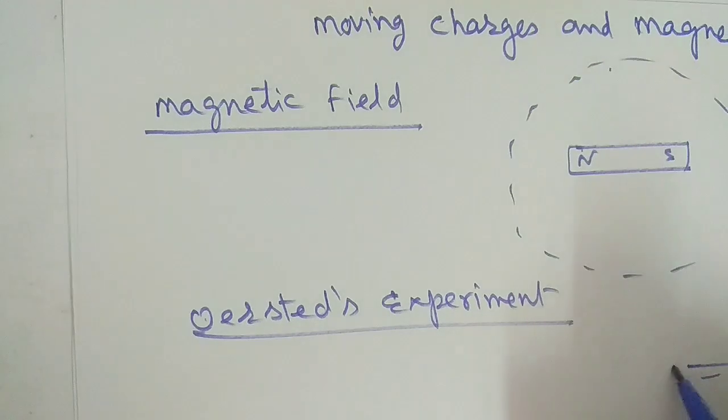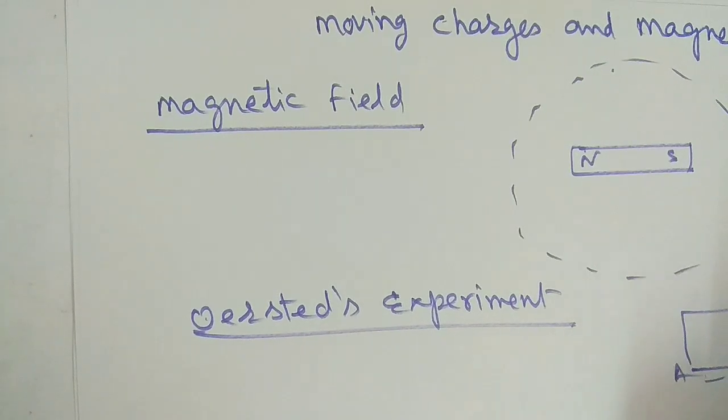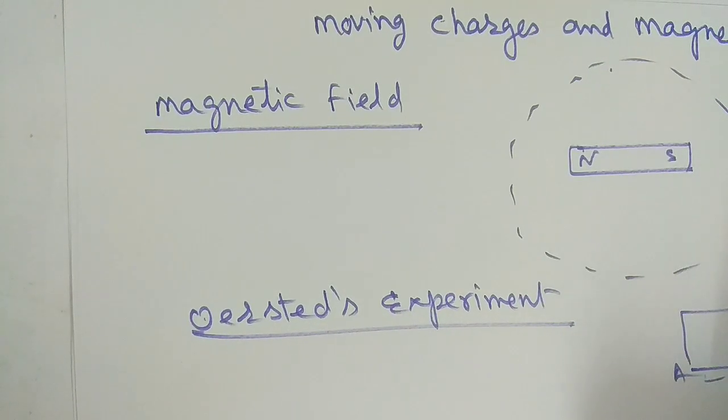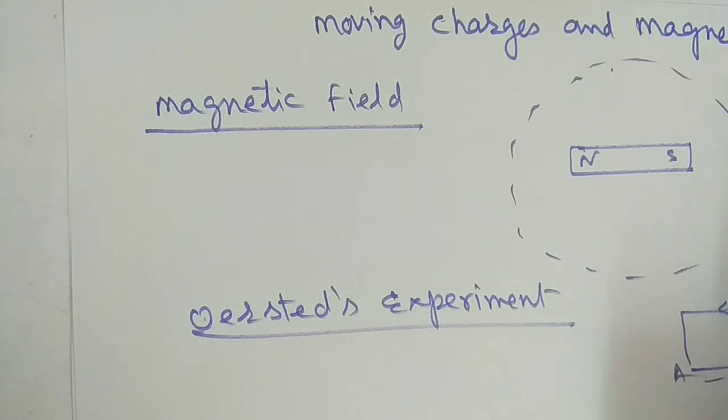Suppose this is a wire AB connected to a cell, battery, key, etc. Suppose a magnetic compass is placed just below this conductor AB. When current flows, suppose from positive to negative, the magnetic compass shows a deflection in one direction.